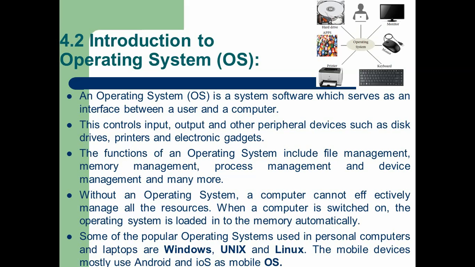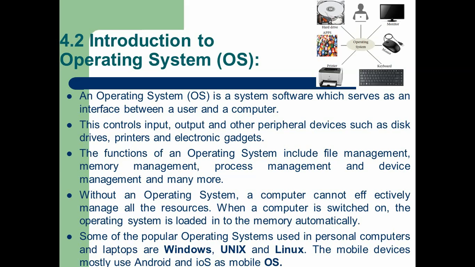For example, if you give inputs through keyboard or mouse, then the keyboard and mouse accept input based upon the instruction given by the operating system. Then only the user inputs are accepted and sent for processing.